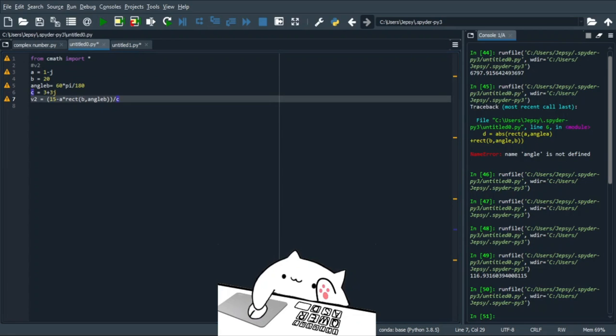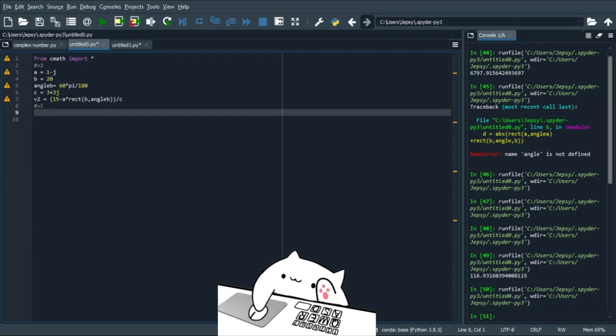Then in order to find my V1, V1 is just the rec of my B, angle of B, plus my answer in my V2.